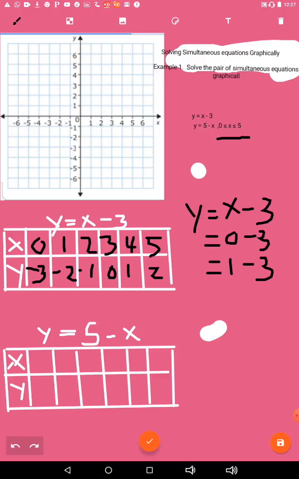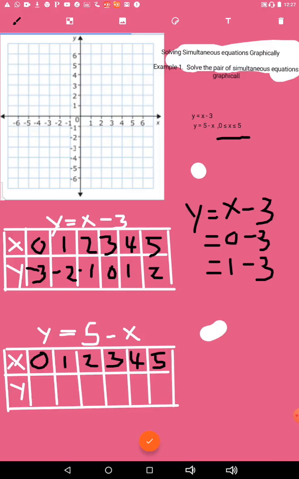Y equal 5 minus x. We already know that our x values are from 0 to 5. Alright, so now this equation is saying to us that in order to find our y values, we need to subtract whatever x is from 5.